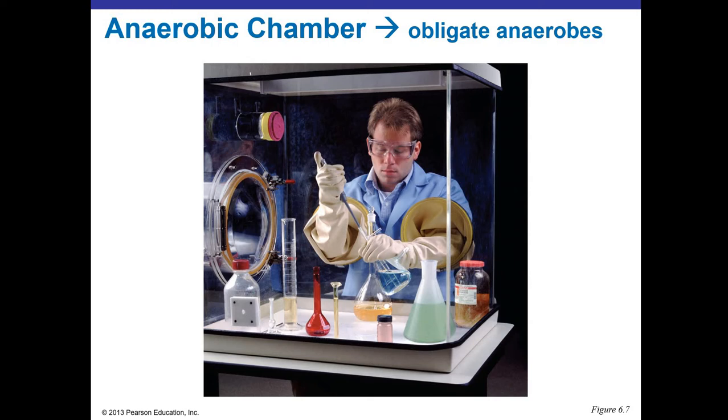Obviously, people can't be in that environment, so you're outside this box, and you manipulate the media and bacteria by putting your hands through these gloves, as seen here. Hence, it was referred to as a glove box. So this is the only way that you can truly work with obligate anaerobes, because they would simply die if they were exposed to atmospheric oxygen.